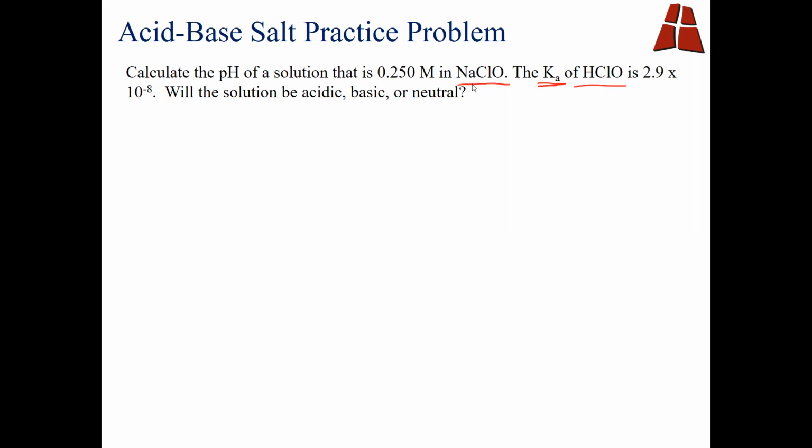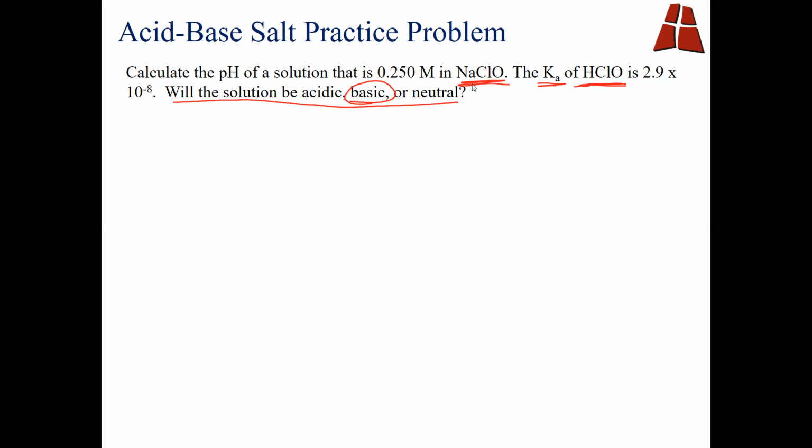And so before we start anything, I would recommend starting with this question: will the solution be acidic, basic, or neutral? We know that if HClO is a weak acid and we are starting with the sodium salt of it, it means we're starting with the conjugate base of a weak acid. And if we're adding a base, or a conjugate base in this case, to pure water, we know that the final solution should end up basic, right?